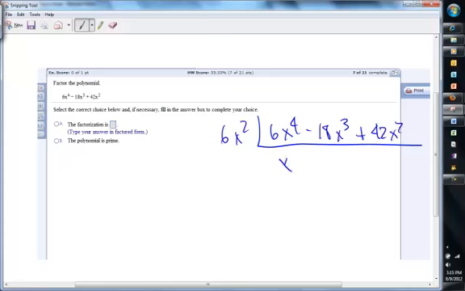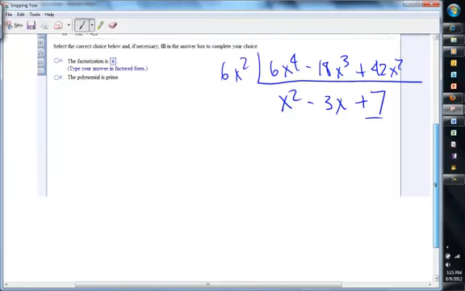And I'm left with x squared minus 3x plus 7. What two numbers multiplied equals 7 are 3 apart? Or no, added equals 3? I can't think of any. So my factorization is just that.